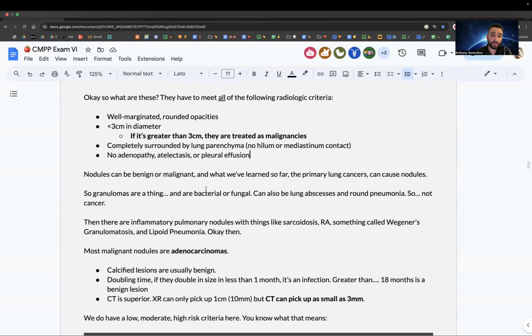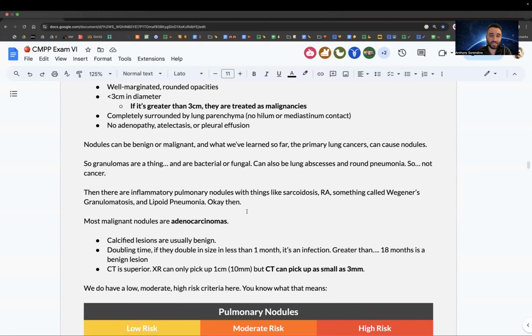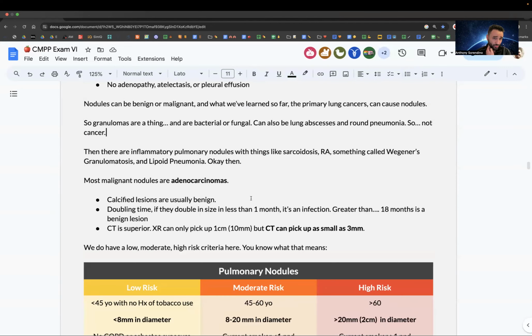We're not going to see adenopathy, atelectasis, or pleural effusion. The nodules can be benign or malignant. We can get granulomas here. You can get this in sarcoidosis. There's something called Wegener's granulomatosis and lipoid pneumonia. Just remember that all has to do with pulmonary nodules.